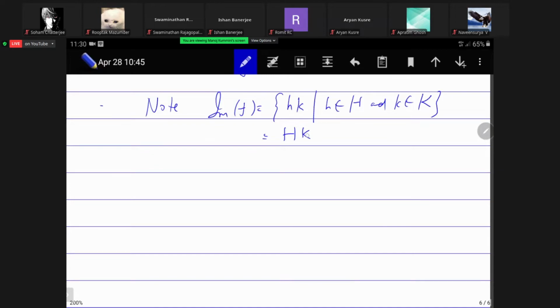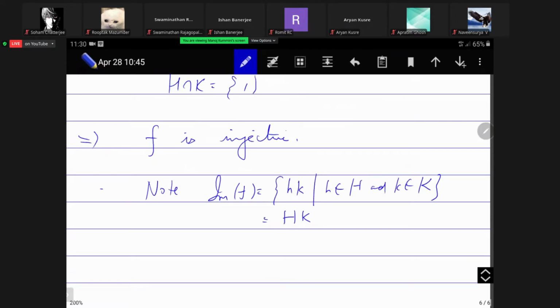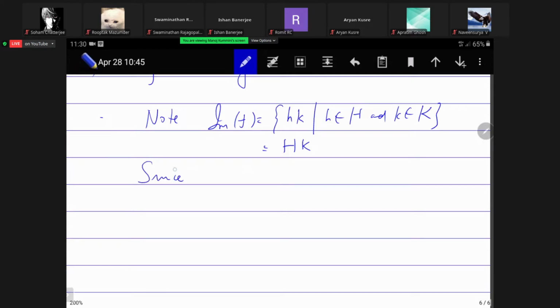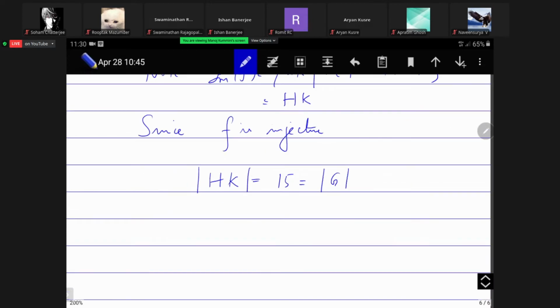Since F is injective, the cardinality of HK, which is not necessarily a subgroup, is 15, which is also equal to the order of the group G. So these two are the same. HK is a subset of G, and they have the same finite cardinality, so they are the same.